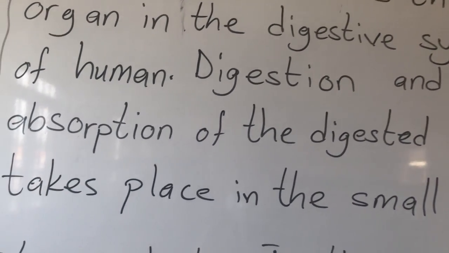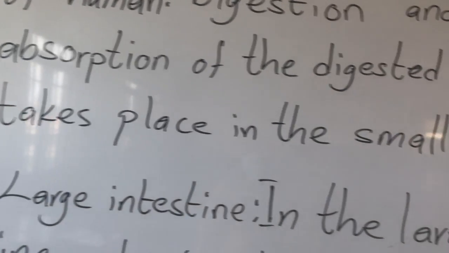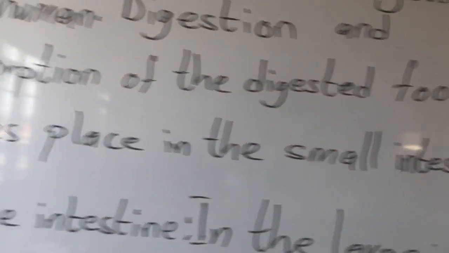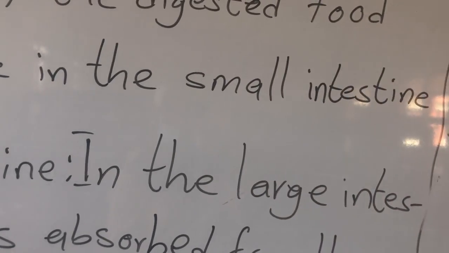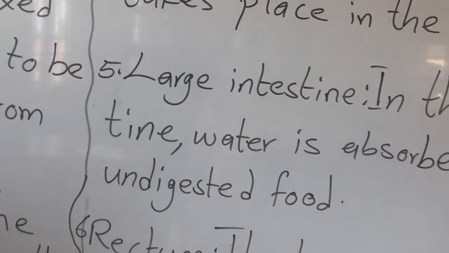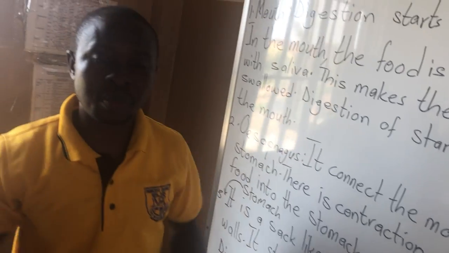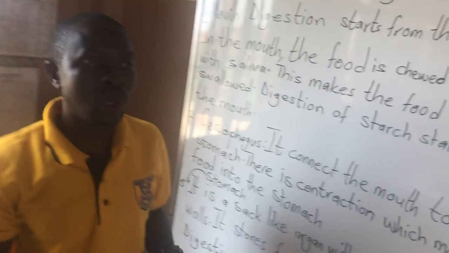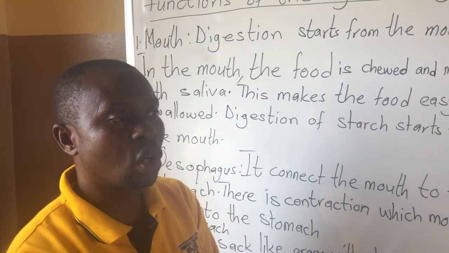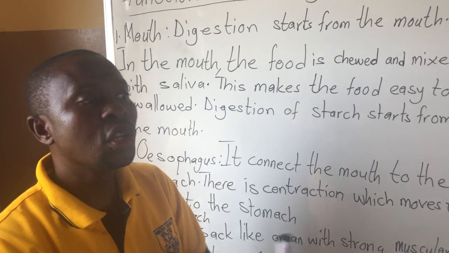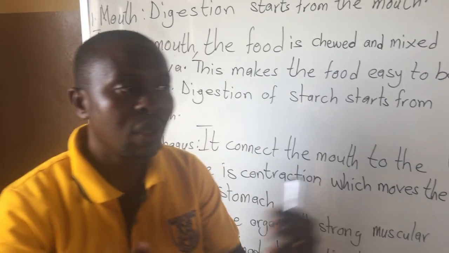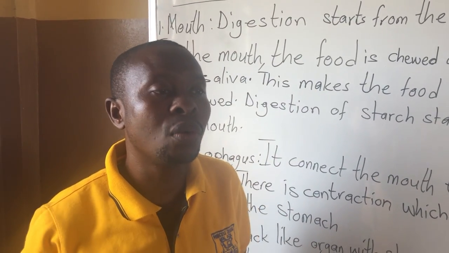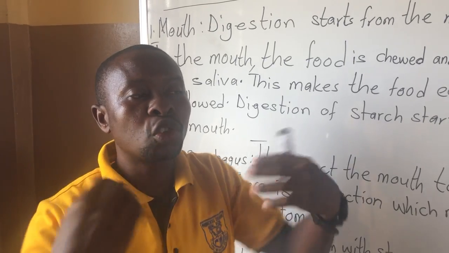Let's continue. We have the large intestine. In the large intestine, absorption of water takes place, okay? After the food has been digested, it becomes very soft. So in the large intestine, the water in the undigested food is absorbed into our system.